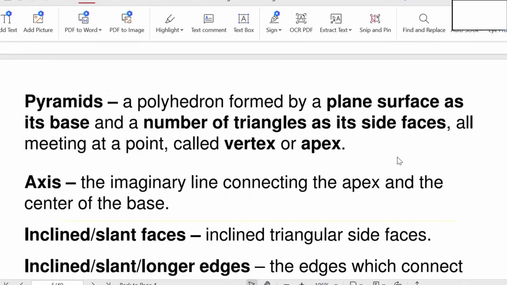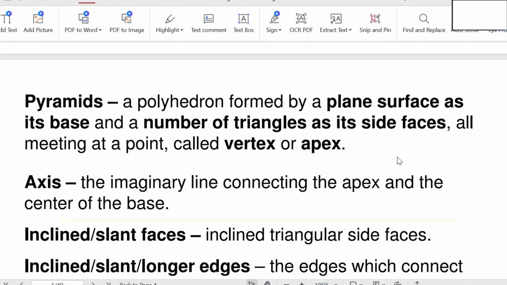The lateral faces are isosceles triangular faces only. Prism has rectangular faces, whereas in a pyramid the lateral faces are isosceles triangular faces. Here also, what is the axis? The distance between the center of the base and the apex is known as the axis.